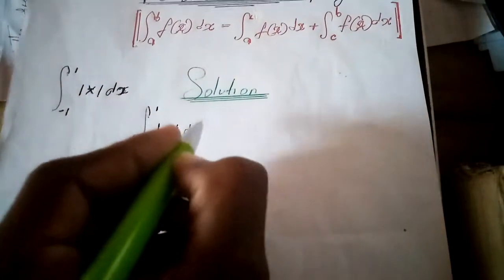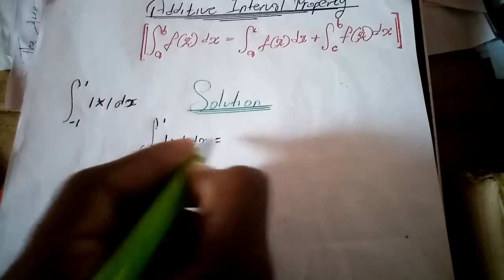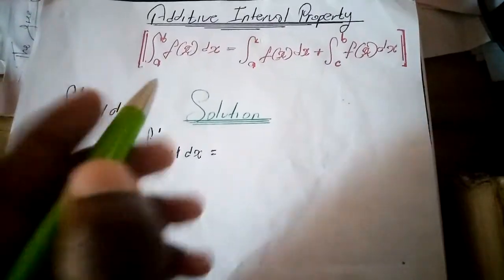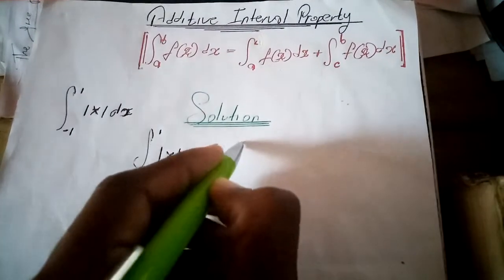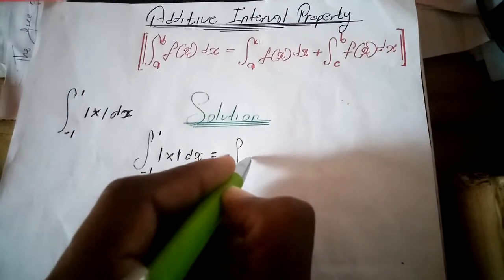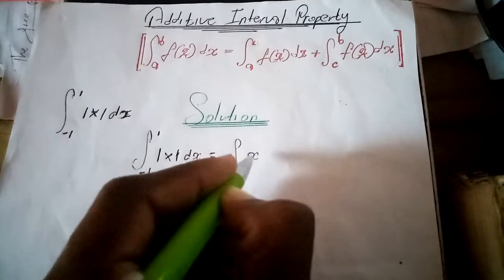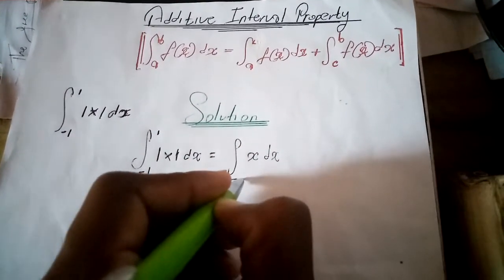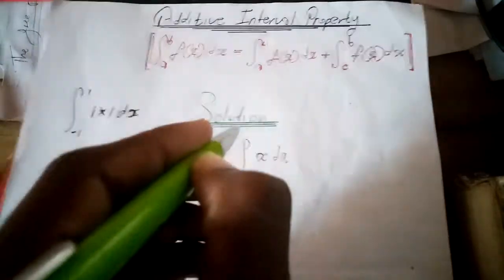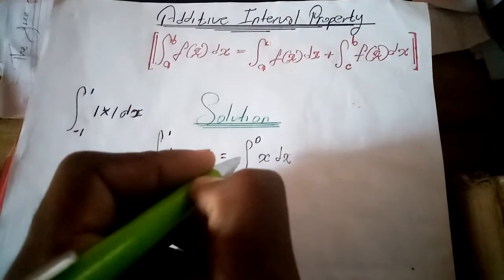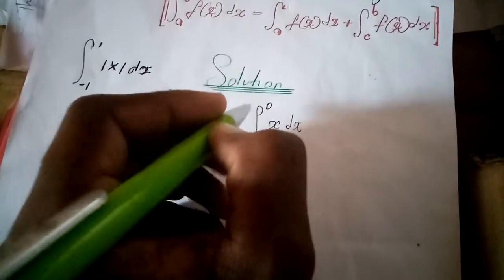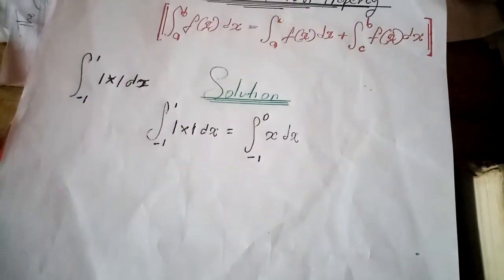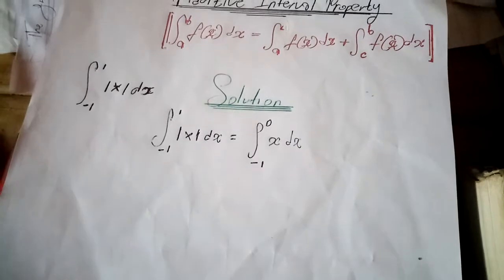Okay, so this can be broken down into two separate integrals, say the integral of x dx from -1 to 0. But remember we have the absolute value of x.